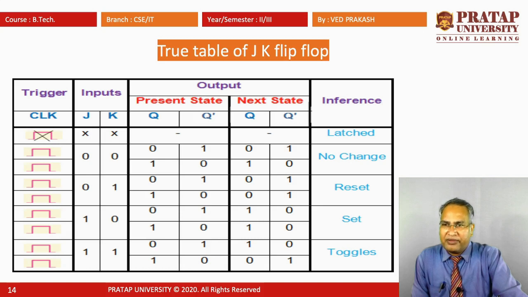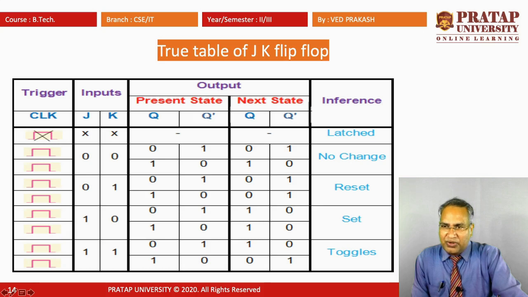Now in the case when J0 and K1, we get the present state 0, 1, and next state 0, 1. In the case of J0 and K1 with present state 1, 0, the next state is 0, 1. So that state is known as a reset state.